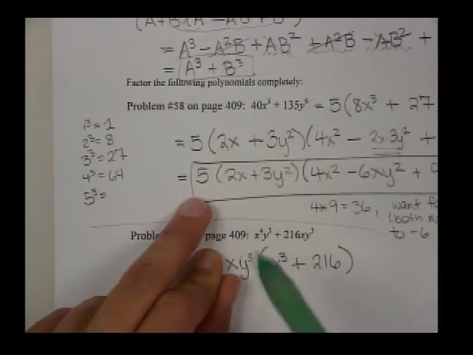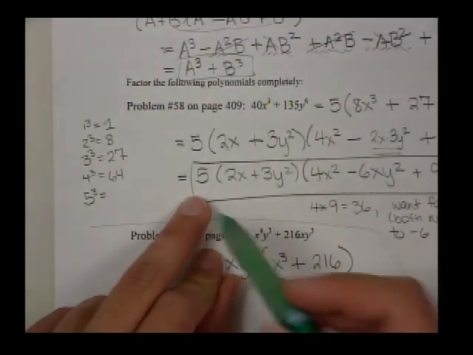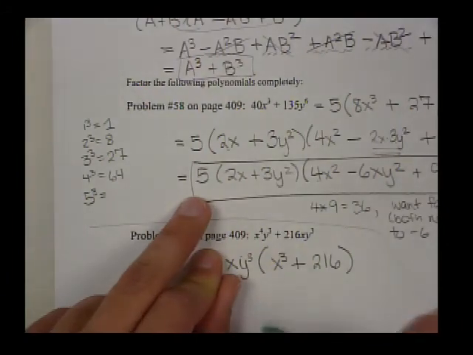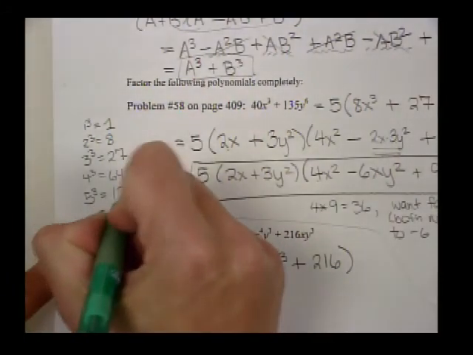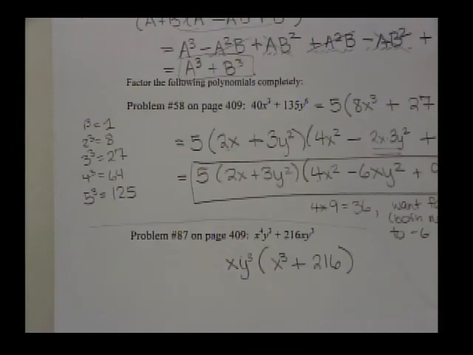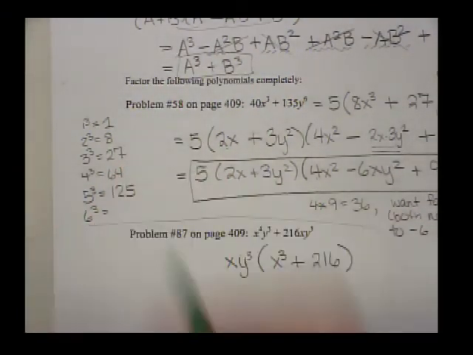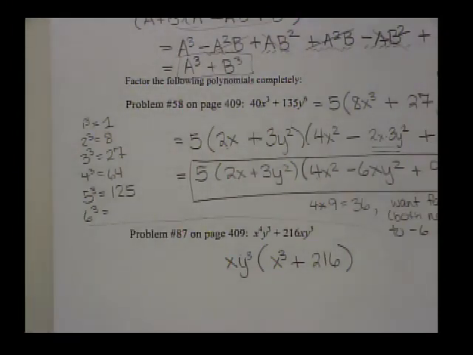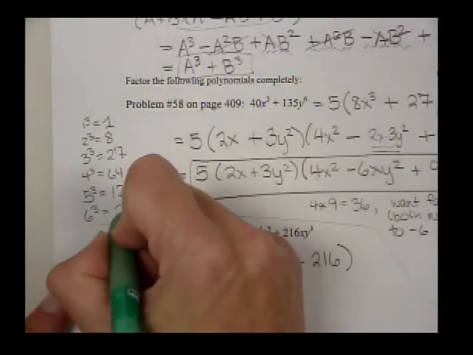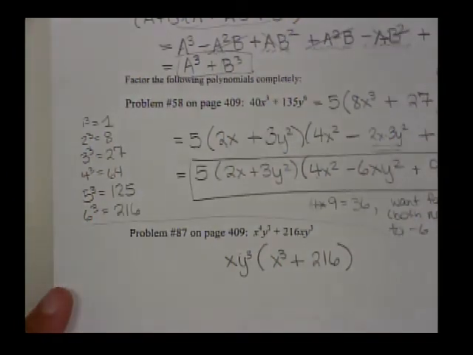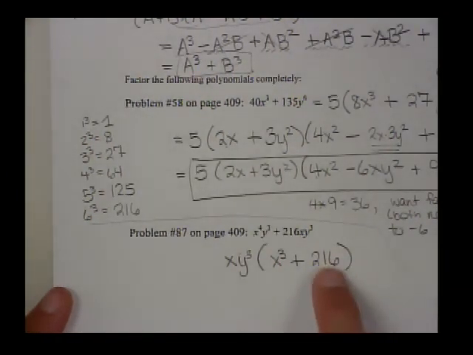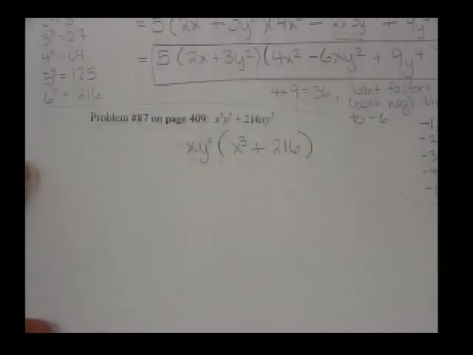So if I had 5 quarters, so that would be 5 times 25, that'd be $1.25. So 125. So that's not right. And then 6 cubed. Well, 6 times 6 is 36. And again, you can check this with your calculator. If you do 36 times 6, that's 216. So now we know what we multiply by itself 3 times to get the 216.